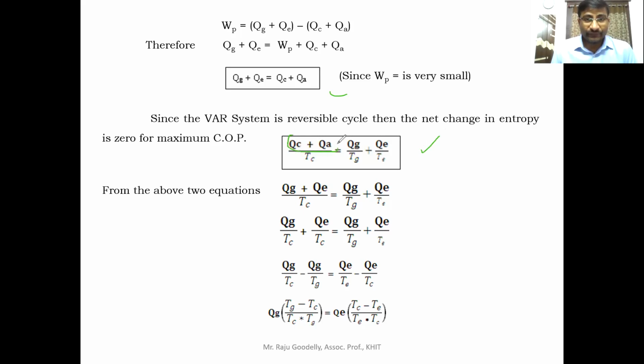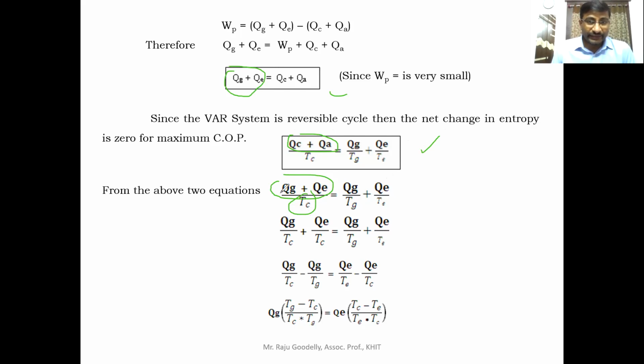So from the above two equations, in place of QC plus QA, we can substitute QG plus QE. So we can write QG plus QE divided by TC, with TC as it is, equal to QG by TG plus QE by TE, the same as the above equation.